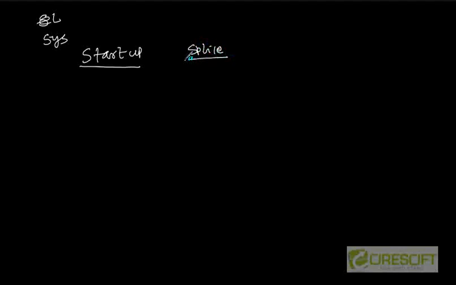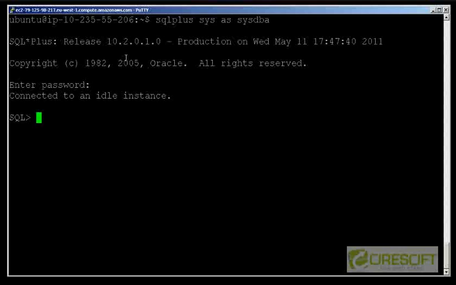In my spfile I must have specified the size of the SGA, the number of DB writers to start, the database name, and so on. When I run startup, it automatically looks at the spfile and figures out what parameters are required.